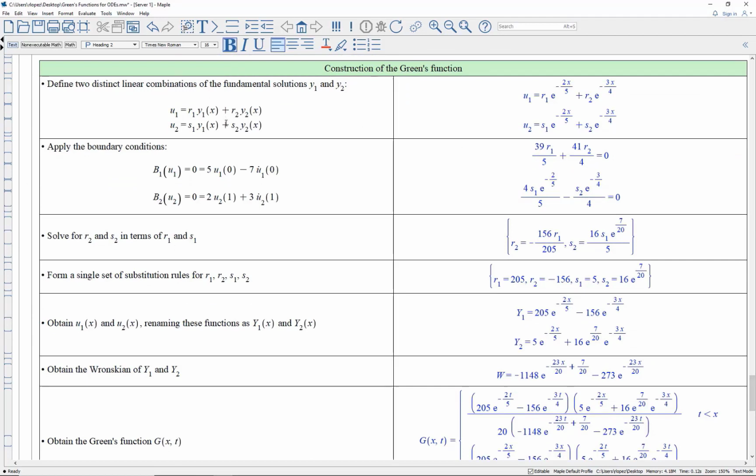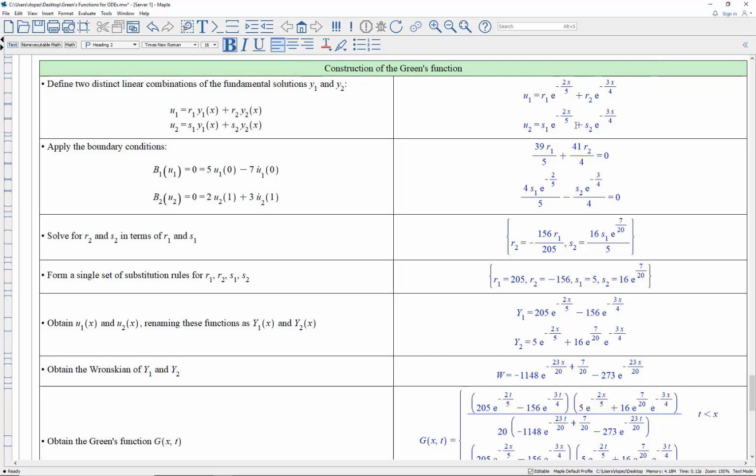We need two linearly independent solutions that satisfy, in one case, the left boundary condition, in the other case, the right boundary condition. We have two members of a fundamental set, y1 and y2, which are not necessarily going to have that property of satisfying one condition on one side and one on the other. So we take a linear combination to form a U1, and a different linear combination to form a U2.